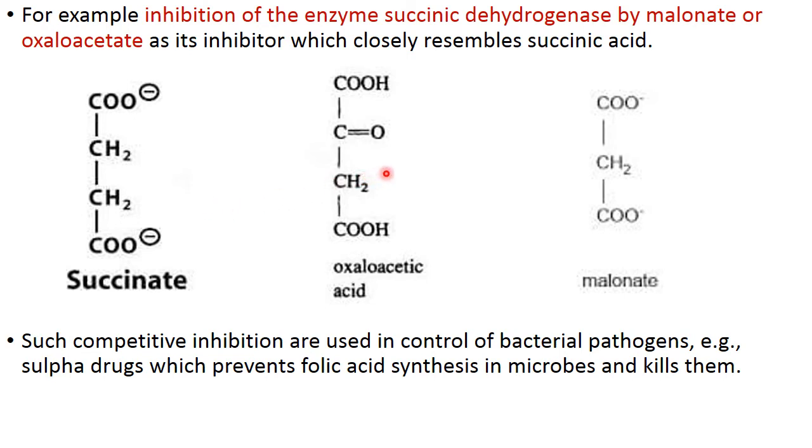So these can also bind to the active site of the enzyme, and when they bind to the active site of the enzyme, obviously they are going to block the active site, and as a result the substrate cannot bind to the enzyme, resulting in no catalysis, there will be no reaction. So that is going to decrease enzyme activity.